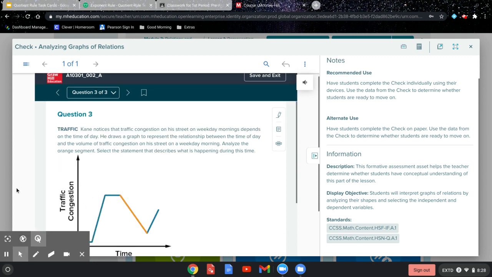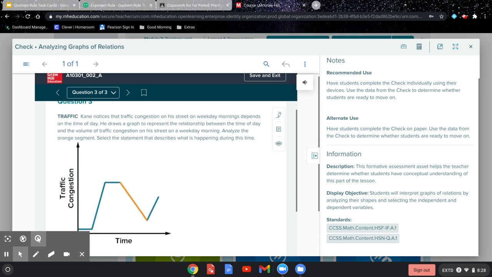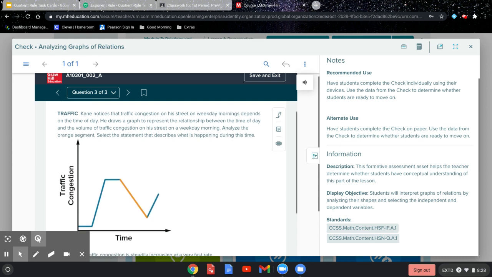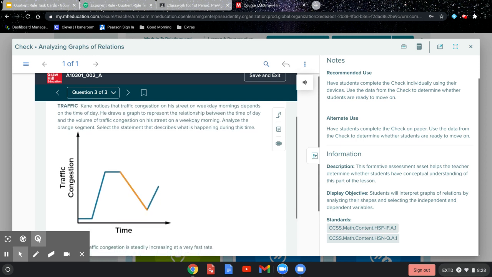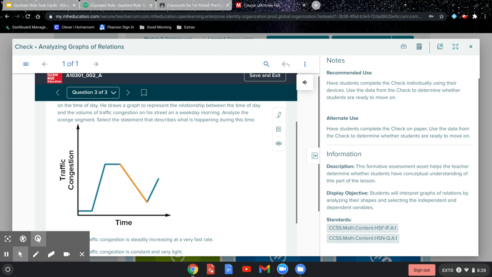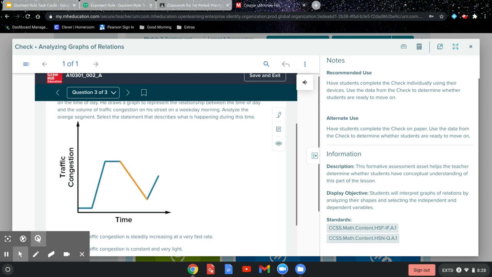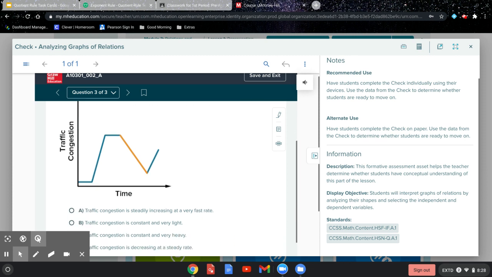The next question is question number 3, traffic. Kane notices that traffic congestion on a street on a weekday morning depends on the time of day. He draws a graph to represent the relationship between the time of day and the volume of traffic congestion on his street on a weekday morning. Analyze the orange segment. Select the statement that describes what is happening during this time.